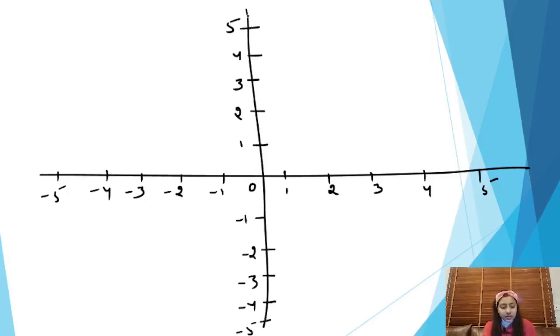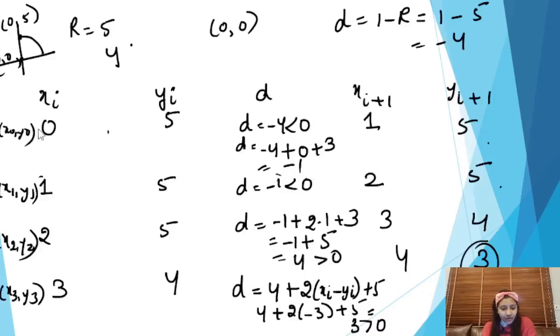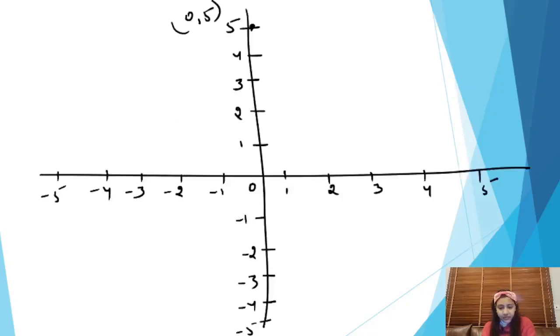So the first value is (0, 5) that we started from, here. The next value that we calculated was (1, 5), which is this value.